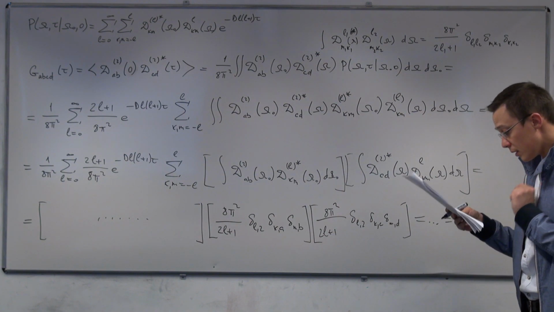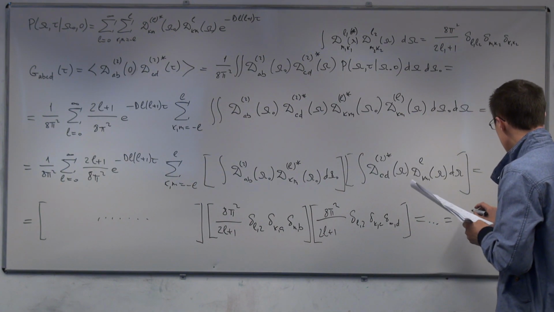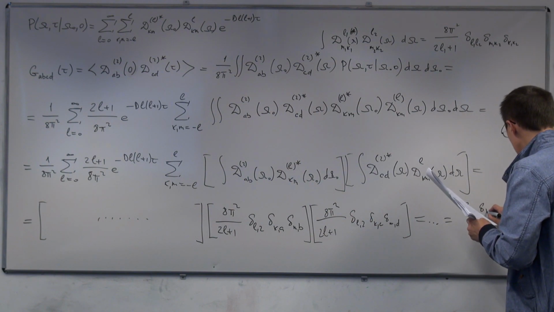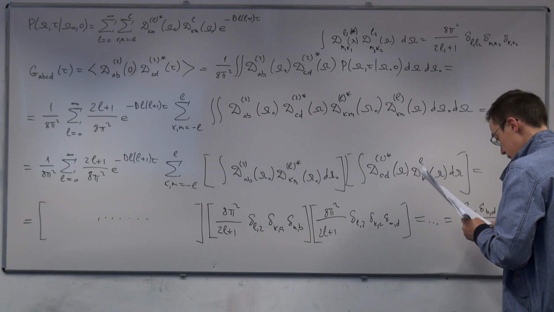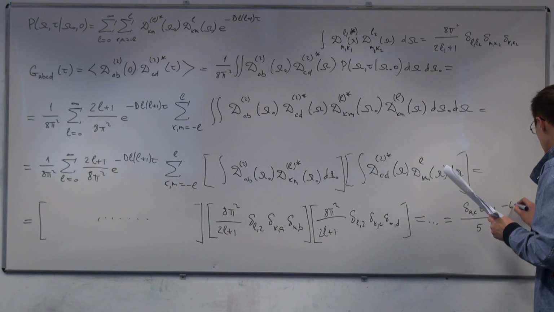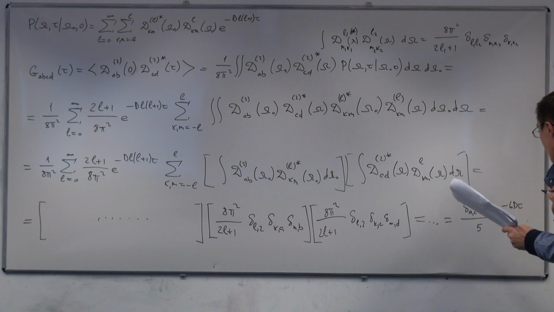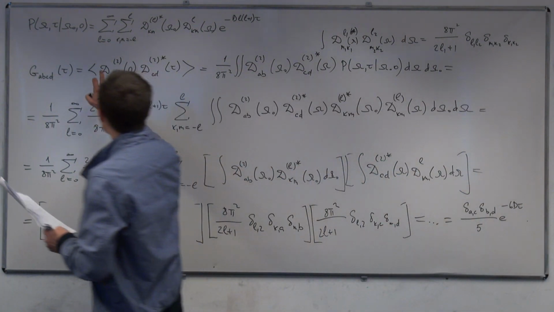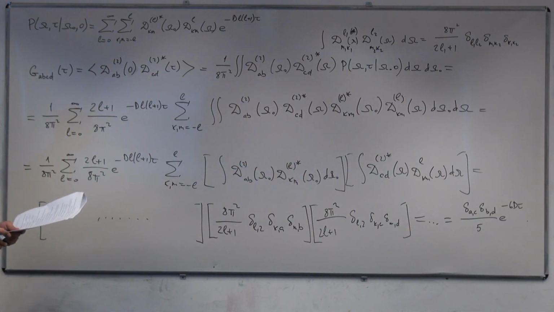See your handout, it's all done in there. We get a tiny equation, δ_AC δ_BD divided by 5, exponential of minus 6D τ. Nice and simple.